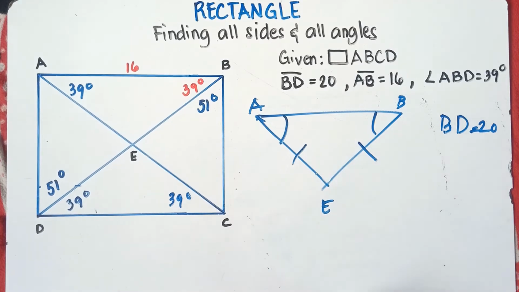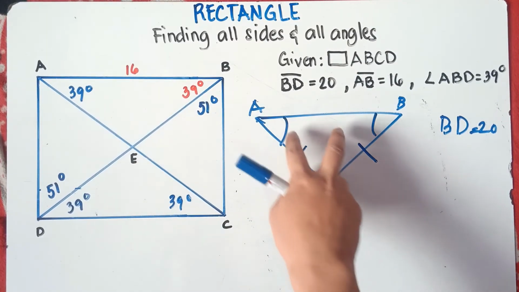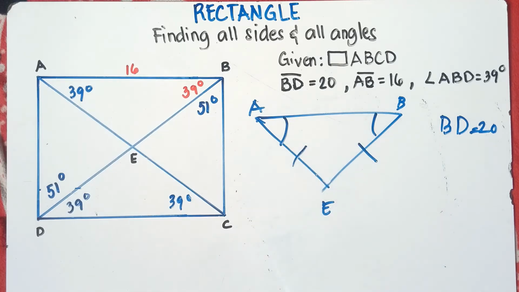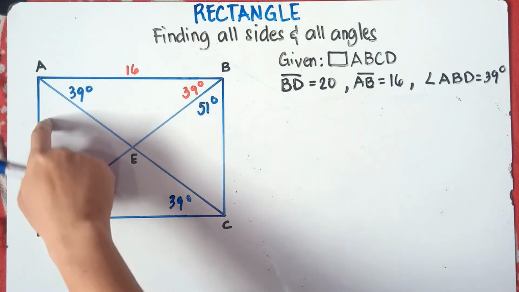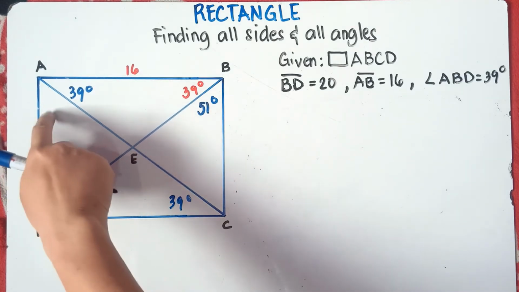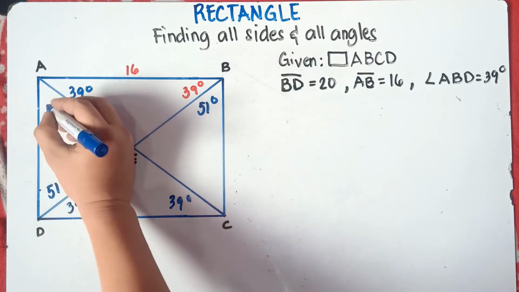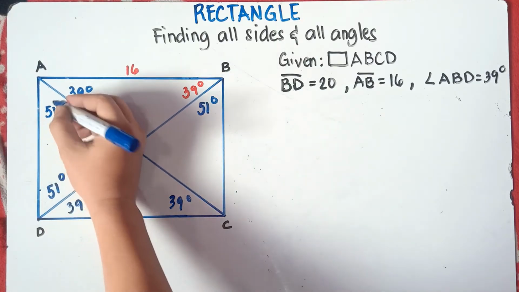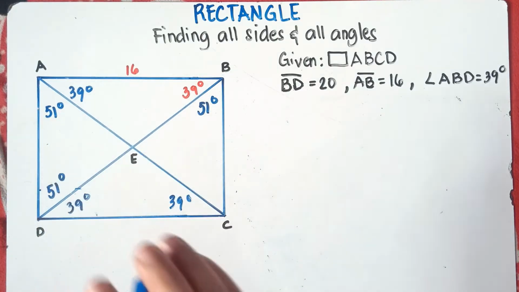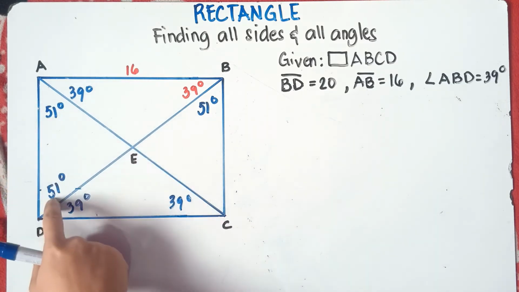Two sides are congruent and two angles must be congruent. One angle at A should be 90 degrees. To get this angle, we subtract 39 from 90. So that would be 51 degrees, because 51 plus 39 is 90 degrees.